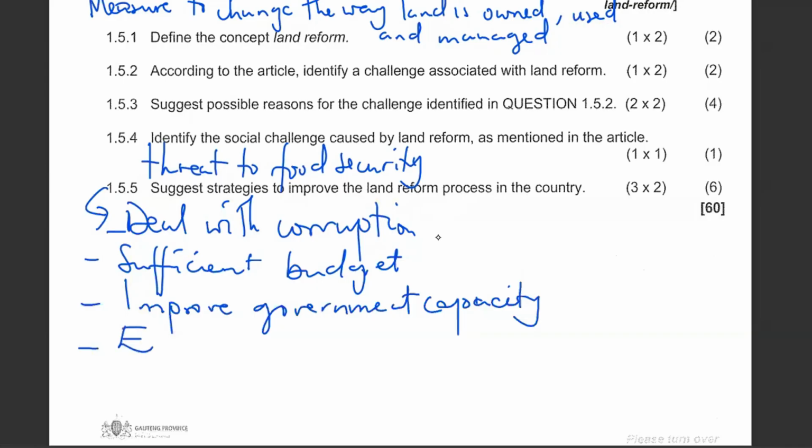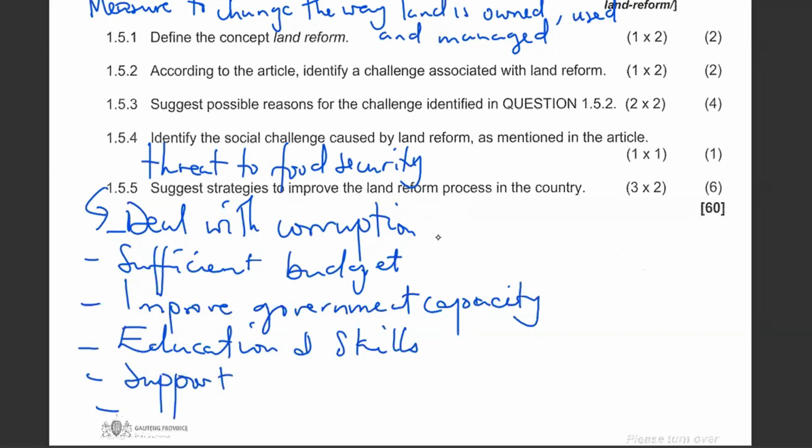Then we need education and skills. The farmers need to be equipped with skills to do productive farming. Then when we talk of support, the government must offer support to the farmers. They also need infrastructural development.